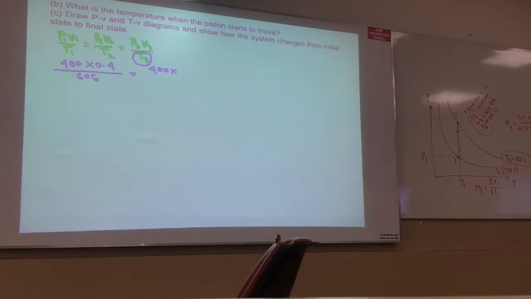Then V3 is 0.8. T3, I do not know. So T3 becomes 303. 1, 2, 1, 2. Very simple. Then this one cancels. So this one times this one is 2. Done. Very simple.